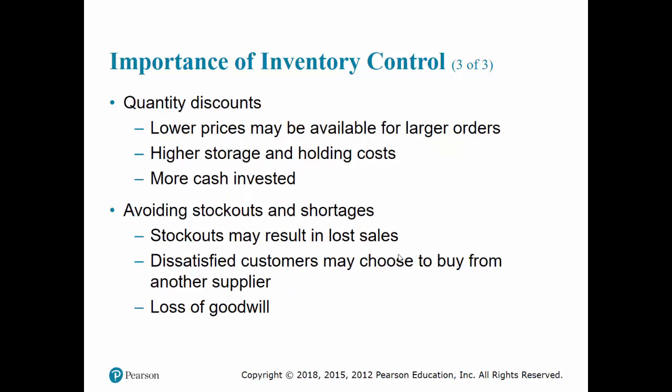Now, quantity discounts is another reason why people keep inventory, and this is especially true when prices fluctuate quite a lot and when you're offered significant discounts for larger orders, then you place more orders than what is immediately required, so you can save in the long run.